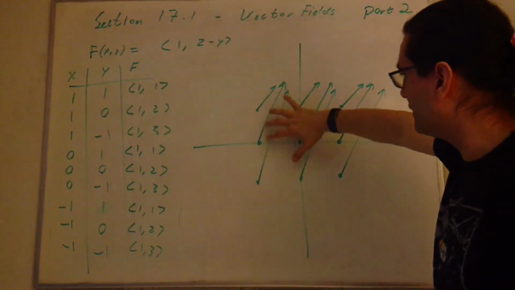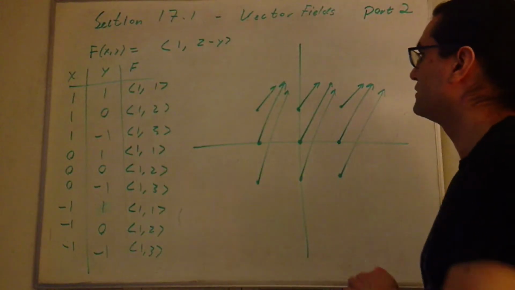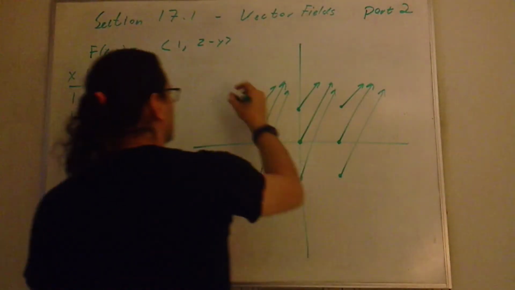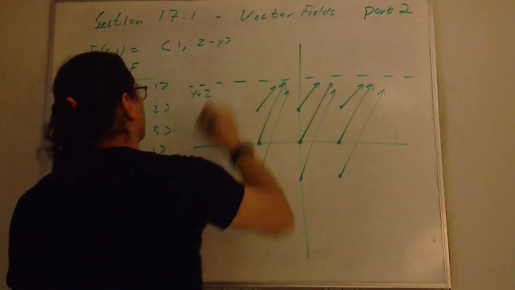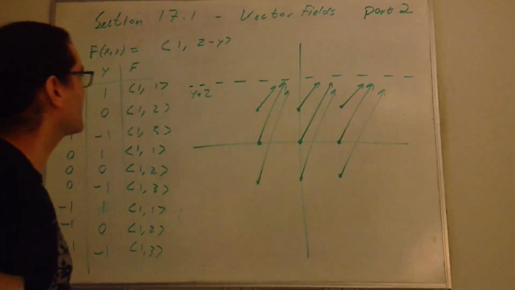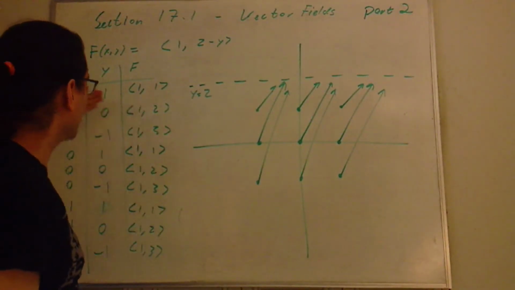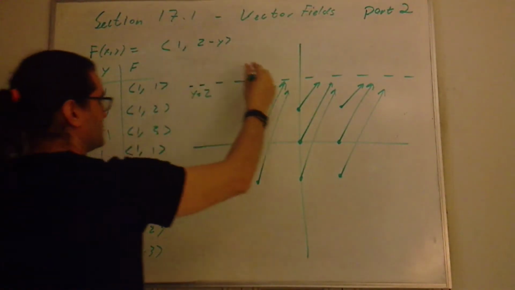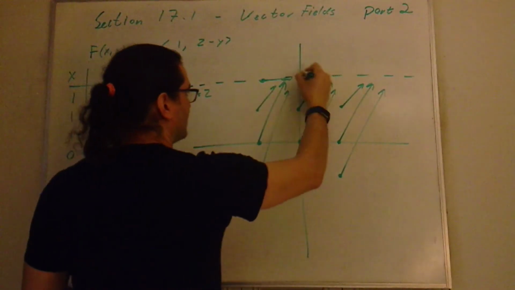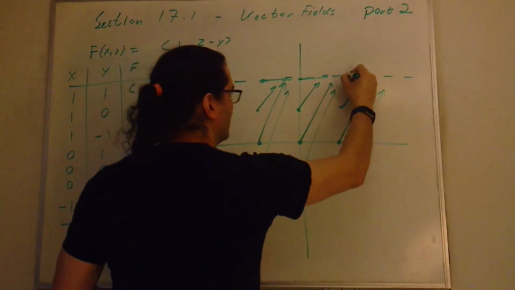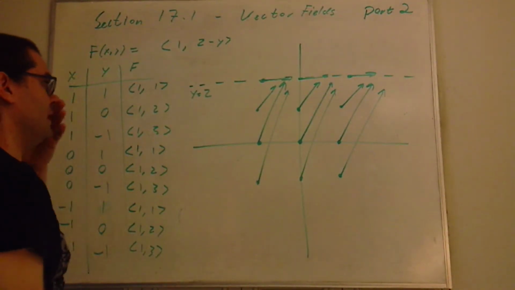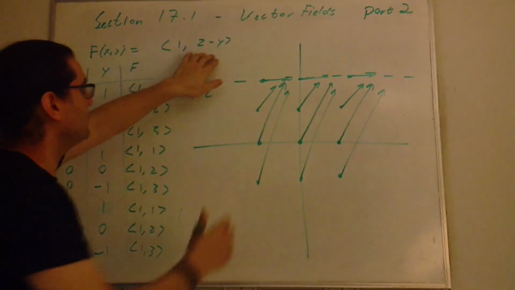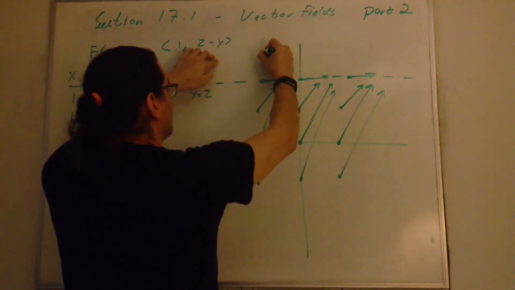All 3 of these vectors point towards the line y equals 2. If we were on the line y equals 2, we would get vectors that were flat. If we were above the line y equals 2, like if we started doing this with y equals 3, we would get vectors that pointed down.